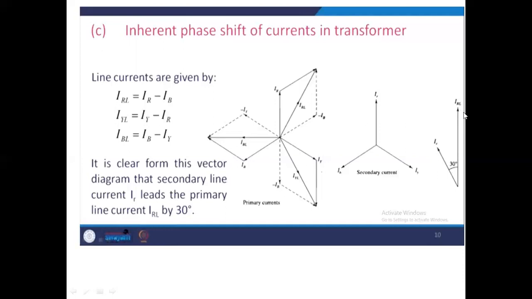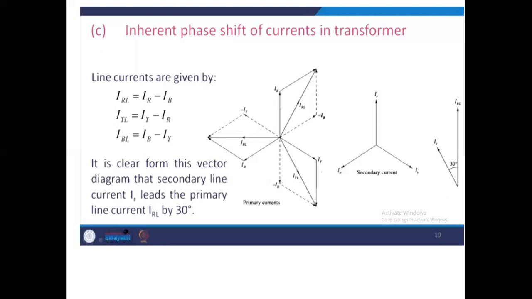Why is the connection named 1 or 11? In this case the secondary current IR lags the primary current IRL by 30 degree. That is why the minus 30 degree connection, or 11 o'clock connection, is named this way.